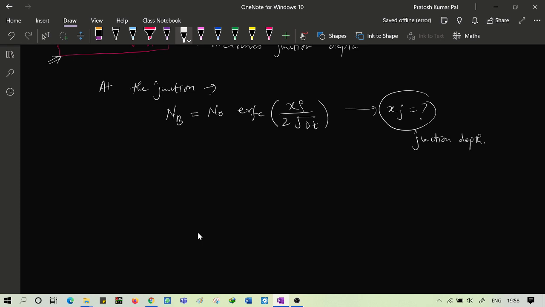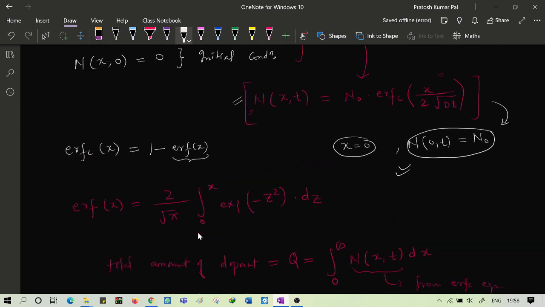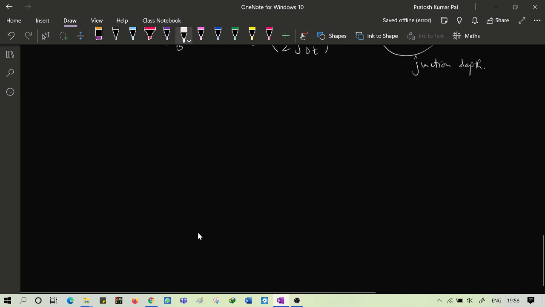And one more point we need to consider is a graph. This dopant concentration is a function of the complementary error function.